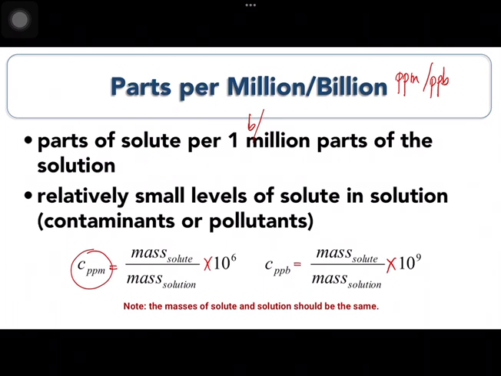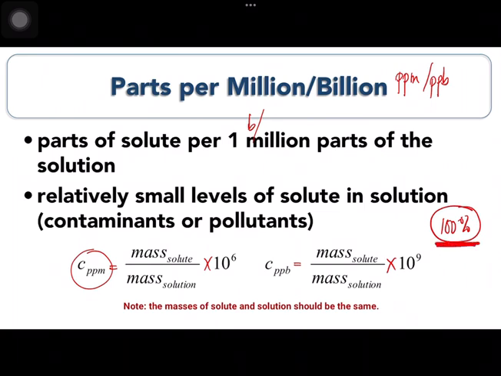If we go back to percent by mass and percent by volume, that was multiplied by 100%. Other chemistry books also call it parts per 100, which is why the multiplier there is 100.